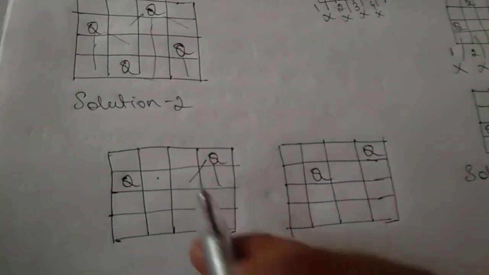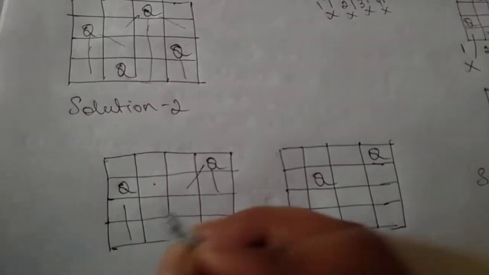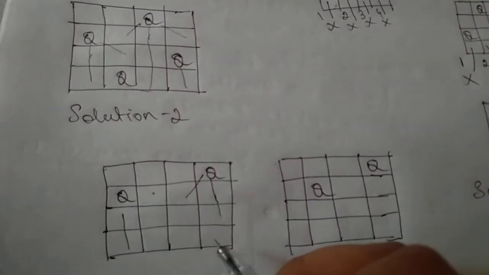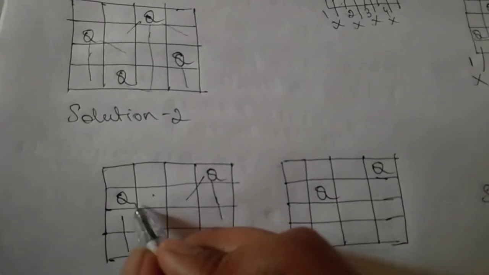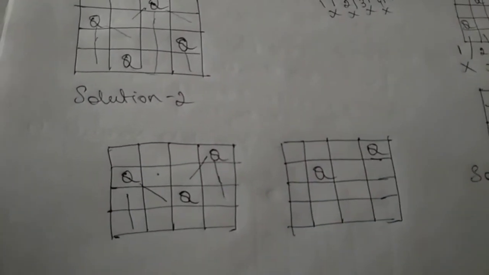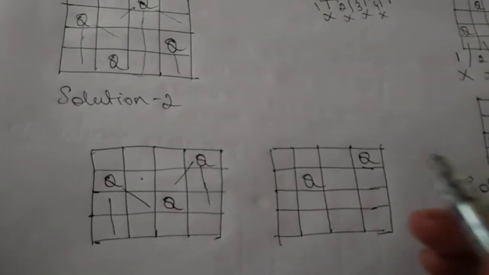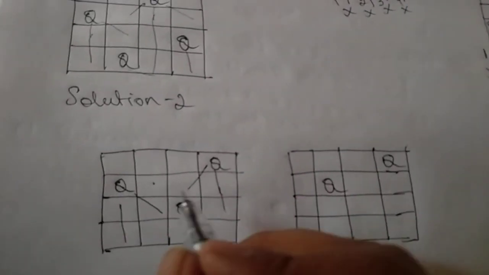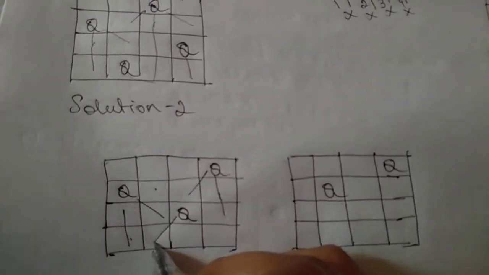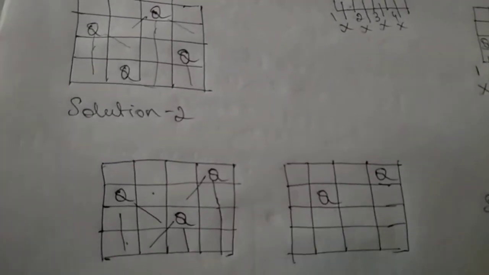I'll go with the third row. Here it is not possible, then here it is not possible, here it is not possible, I can place over here. Is it not? Let me just finish off this. Fourth column, if I come, here I cannot place, here I cannot place, here I cannot place, here I cannot place.